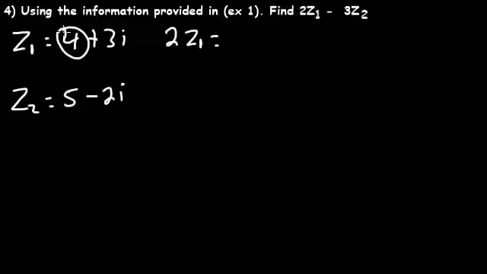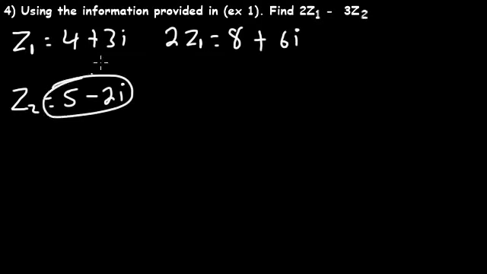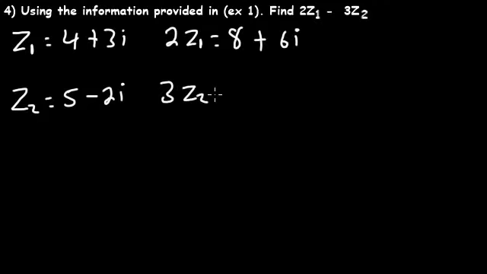So I'm multiplying 2 with the real part, and the product of 2 and 4 results in 8. And for this 3i, when I multiply 2 with it, we have 6i. So that's 2z1. Let's repeat the same thing for z2. So 3z2. By the way, you can do minus 3z2, nobody will question you.